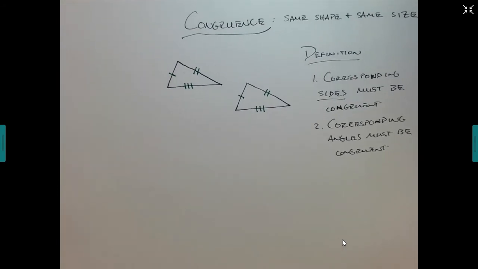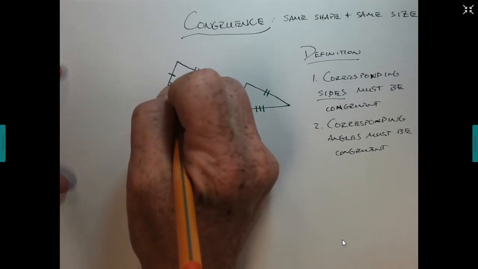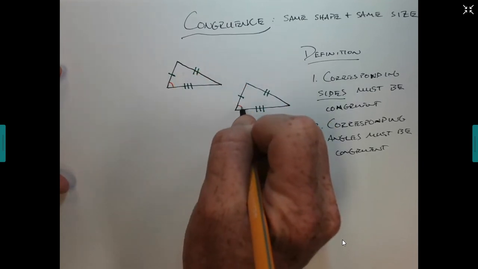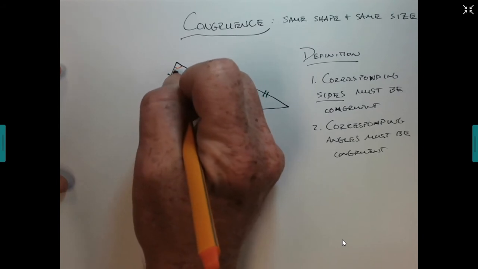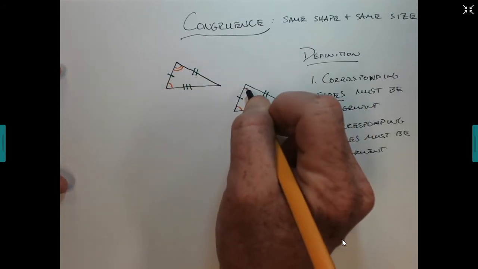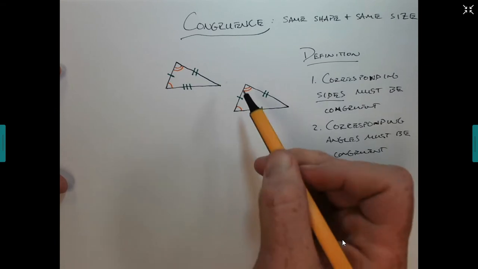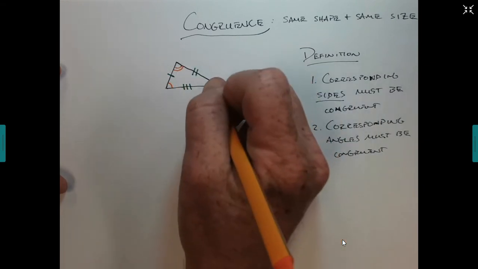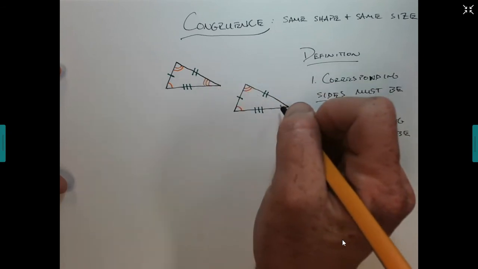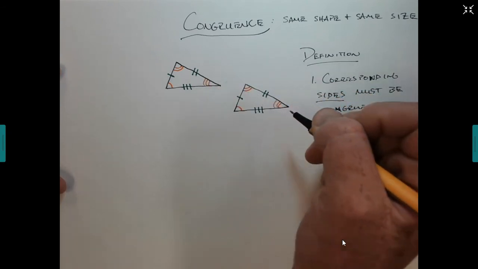Which means that this bottom left angle has got to be the same as its matching piece. This top angle doesn't have to be the same as the one in its own triangle. It has to be the same as its corresponding piece over there. And same with this third angle here.